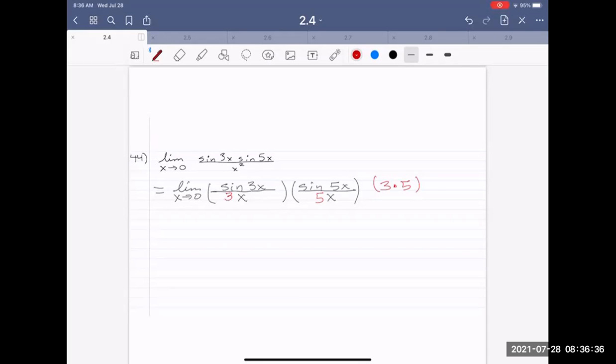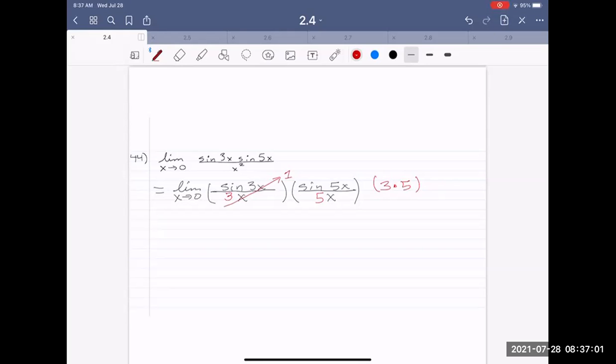But as x goes to 0, each of these, again, as x goes to 0, 3x goes to 0. Therefore, the sine of 3x over 3x approaches 1. As x goes to 0, 5x goes to 0.